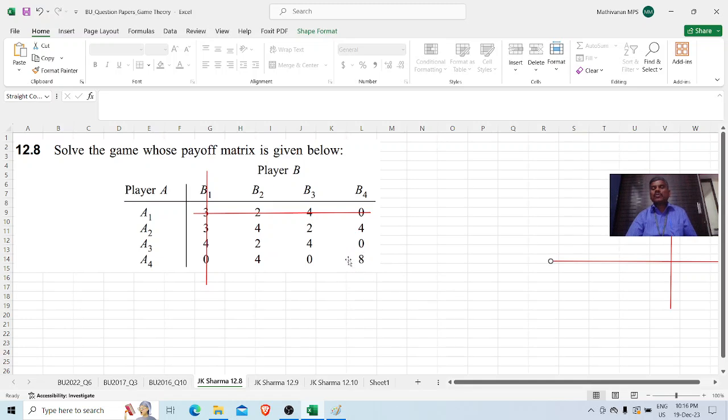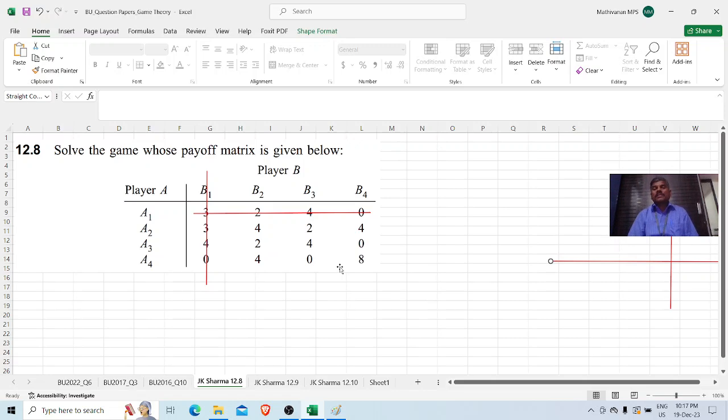That means A4 is a better strategy. Again, depending on the strategies used by player B, A2 or A4 is giving different gains. Again, we cannot come to a conclusion as to which is the better strategy.